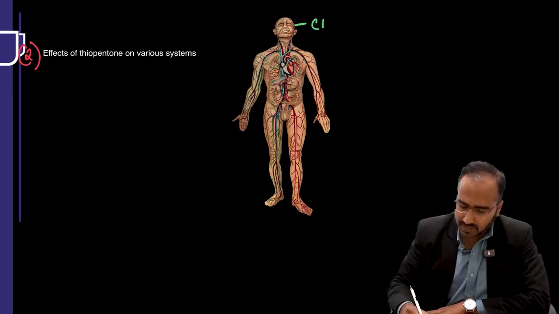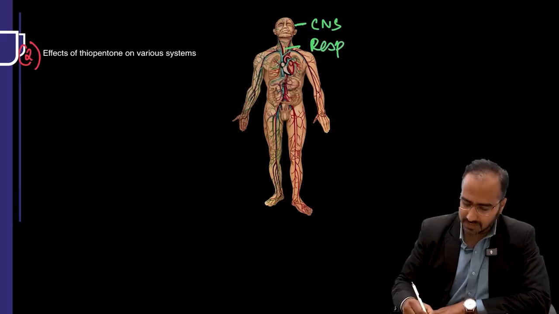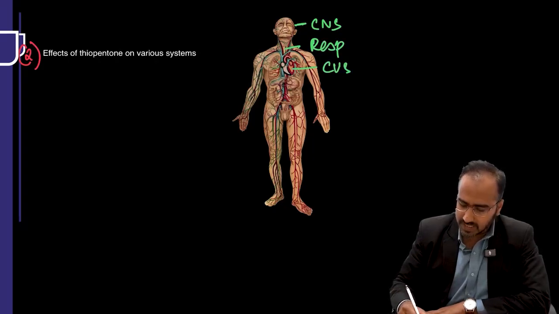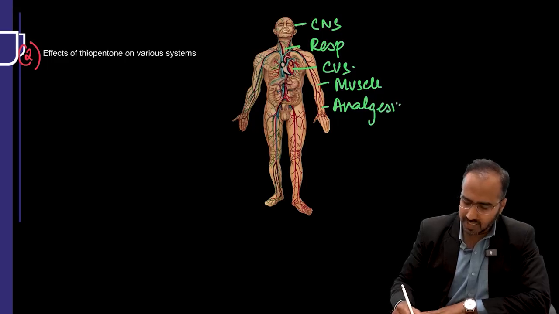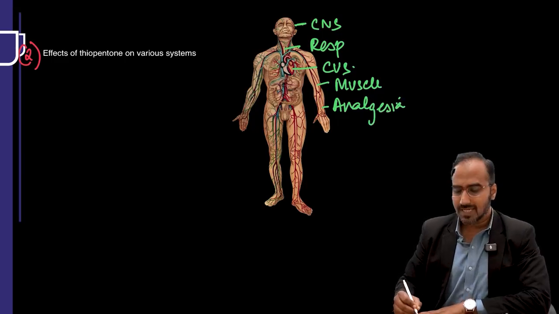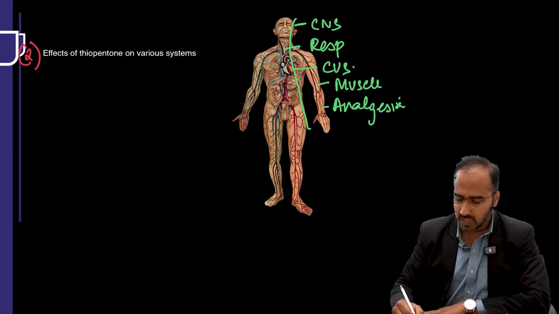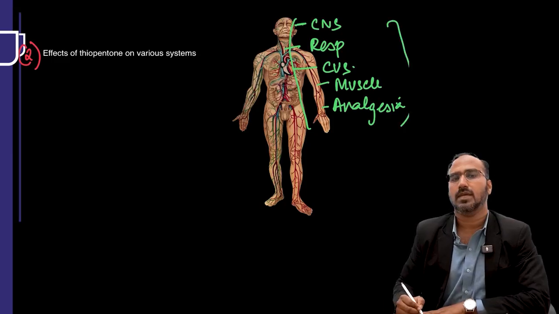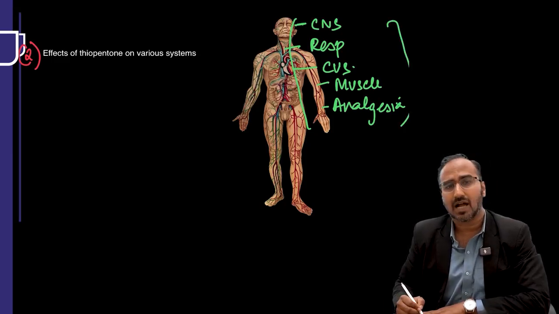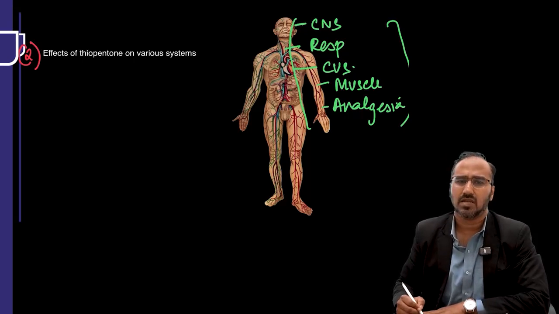We need to cover the central nervous system, the respiratory system, the cardiovascular system, the muscle, and the last system is analgesia, any analgesic property. These are the 5 systems we need to cover regarding thiopentone. There are MCQs coming from this part of sodium thiopentone: what is the effect on CNS, CVS, and all.